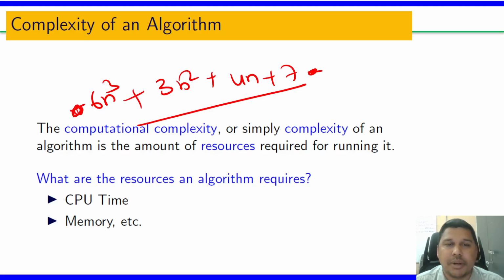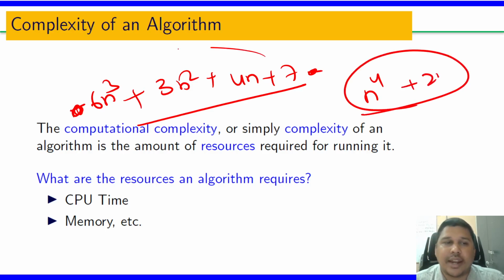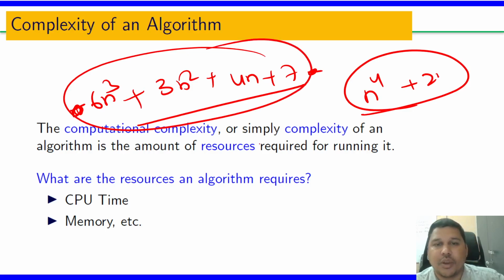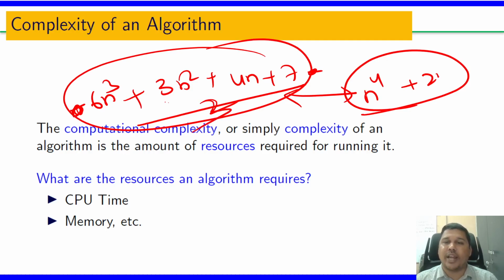And another example, I may have n power 4 plus 2. These are the running times of two algorithms A and B. We cannot come to a conclusion directly. Why? You verify and see. You give n as 1, you see the value. You give 2 as value, you see. You give 3 as the n value, you verify the difference. You will see that sometimes this is best, sometimes this is best.